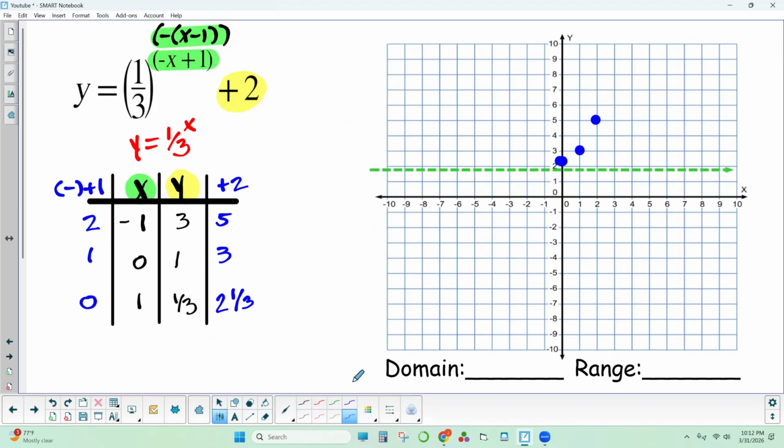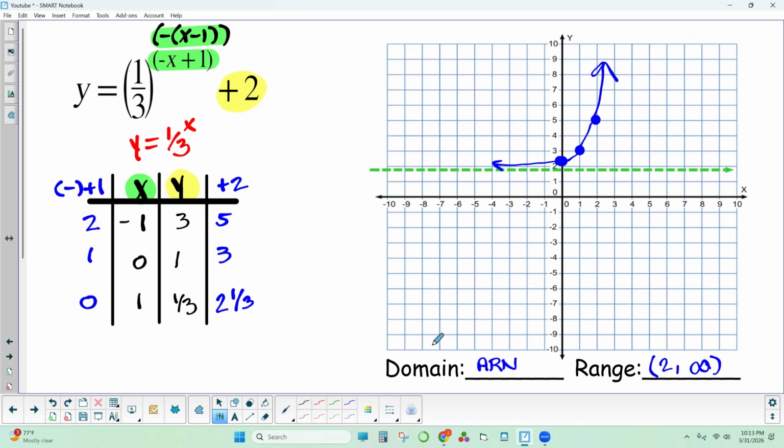All right, now I'll connect my points here. And there is my graph. Okay, domain, of course, all real numbers. And the range, the graph's been shifted up 2, goes from 2 to infinity.